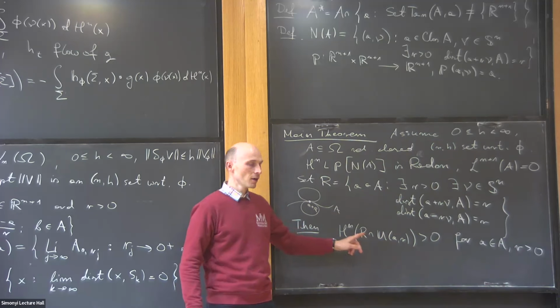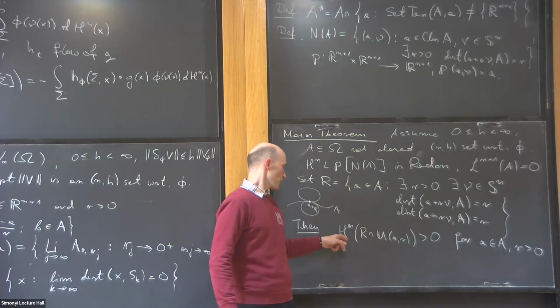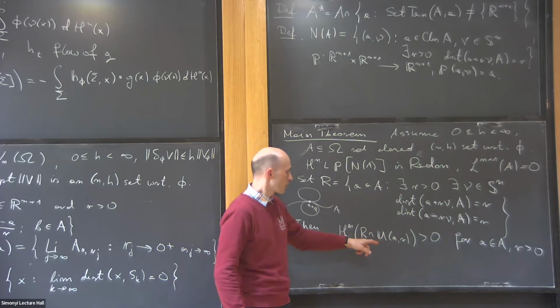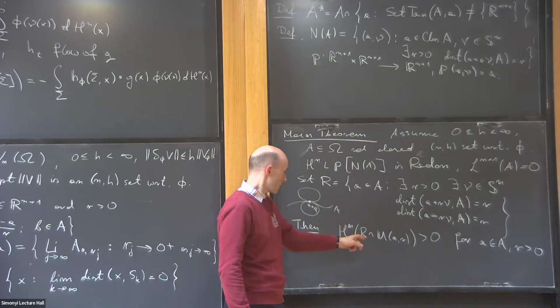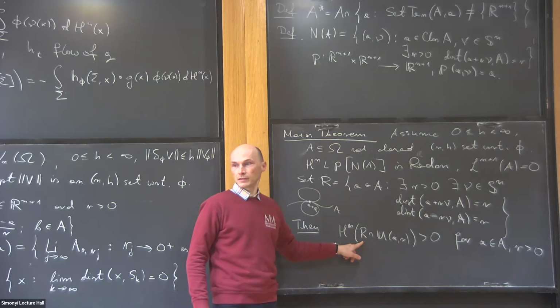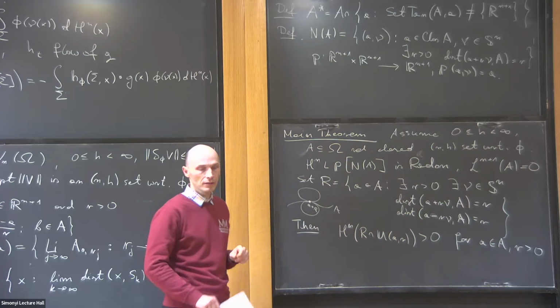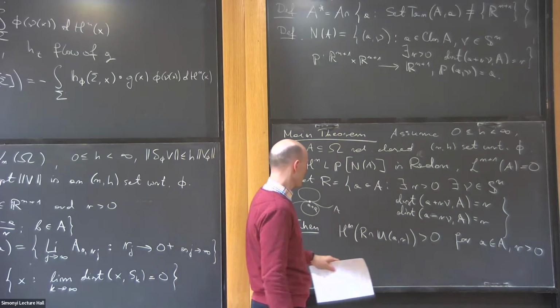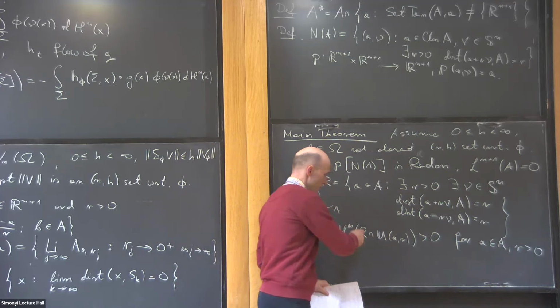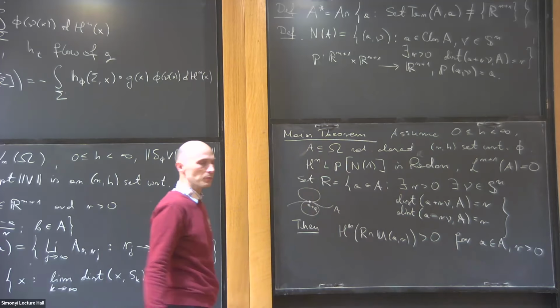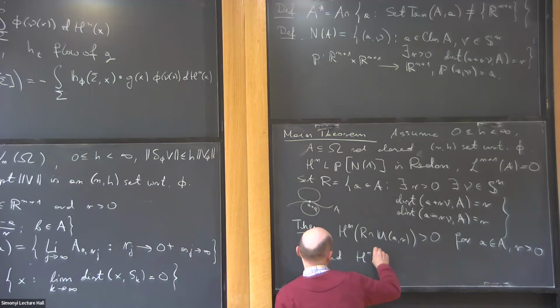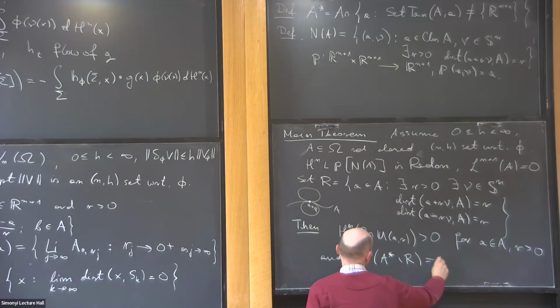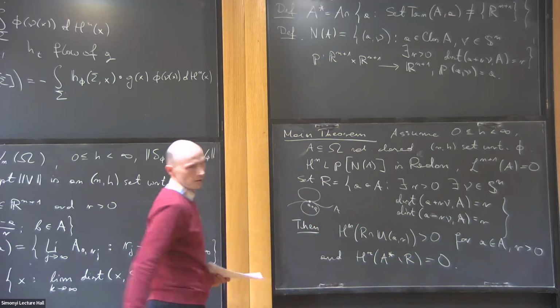So this holds for all a in A, which means that, in particular, R must be dense in the set A. But it actually says more. It says that it has locally positive measure. And we can prove that actually it's almost all of A star.